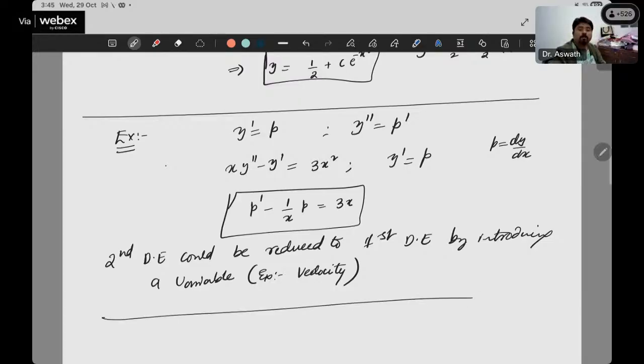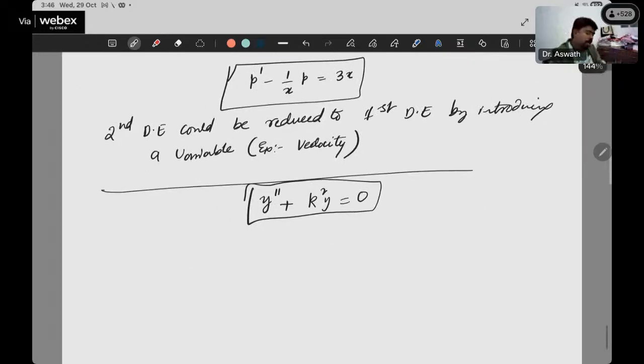If you want some practice, I can give one more example from the notes. y double dash plus k square into y is equal to 0, where k is some constant. So this is a second order differential equation.